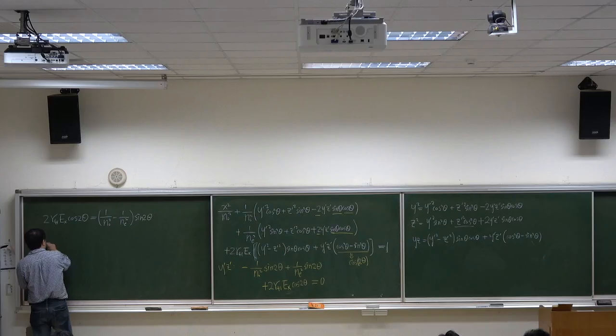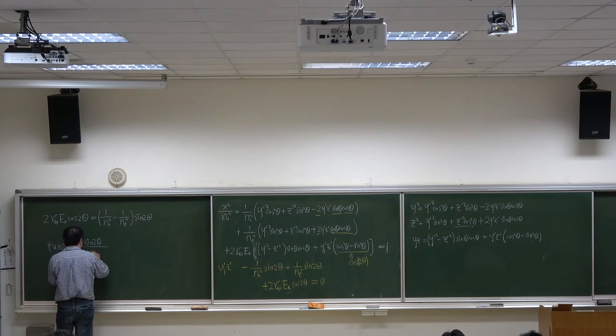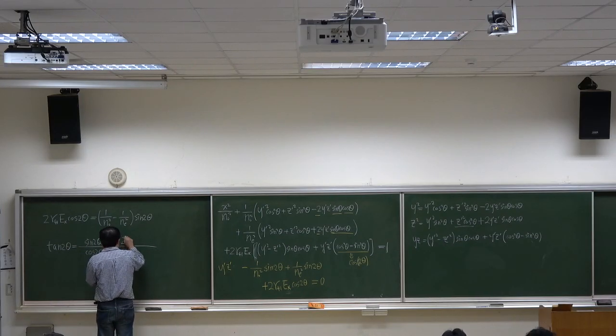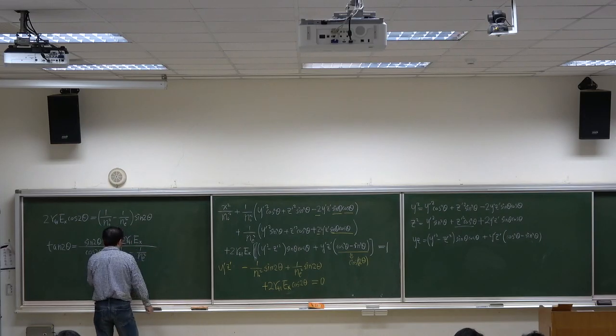So this means that tangent 2 theta, which is equal to sine 2 theta over cosine 2 theta, is equal to 2 r41 Ex over 1 over NO squared minus 1 over NE squared.